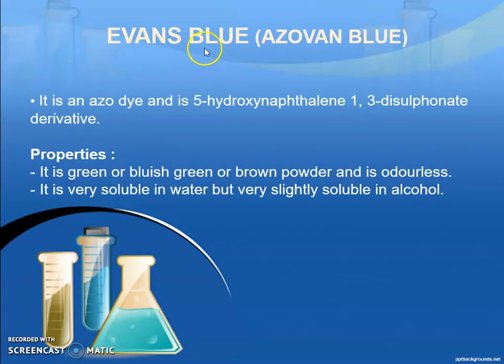Next drug, Evans Blue, also called Azovan Blue. It is an azo dye and is a 5-hydroxynaphthalene 1,3-disulfonate derivative. Property: it is green or bluish green or brown colored powder and it is odorless. Solubility: it is very soluble in water but very slightly soluble in alcohol.